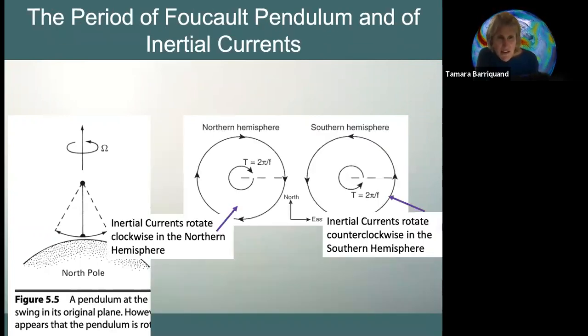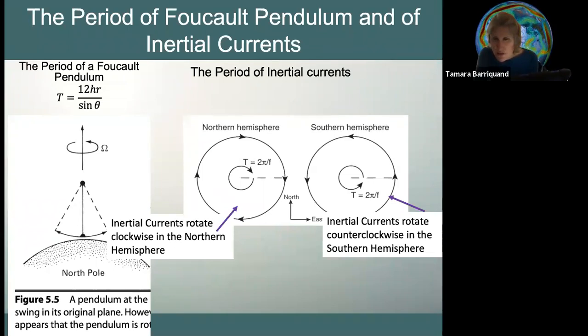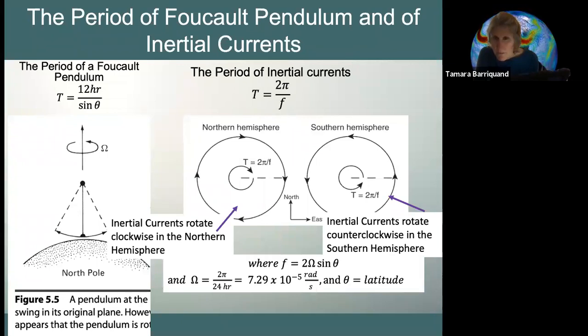So now comparing these, the period of a Foucault pendulum is 12 hours over sine theta, and we know the period of the inertial currents is 2 pi over f, where f equals 2 omega sine theta, omega is about 2 pi over 24 hours, and theta is our latitude.